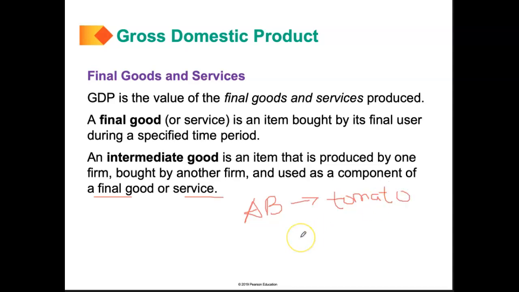Applebee's uses that tomato for, let's say, chicken salad. Well, that tomato they bought is an intermediate good because it was used for chicken salad, which was a final good for someone else. But suppose I go into Walmart and I buy a tomato for my own personal use, then this tomato is considered a final good.